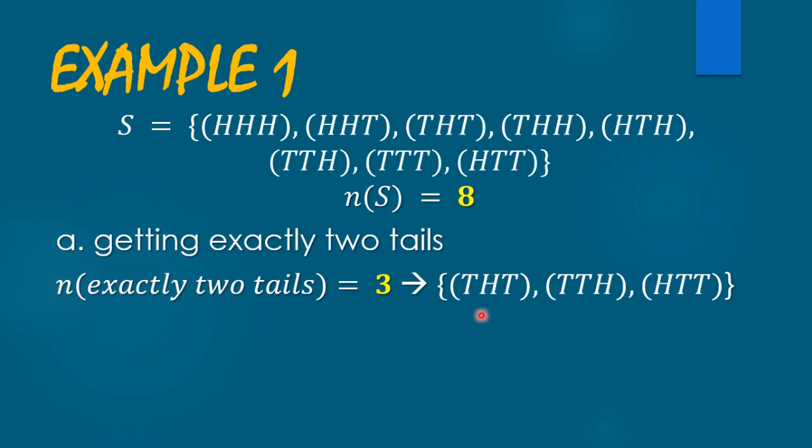So we have here 2 tails in the given elements. And knowing that the number of elements in the sample space is 8, the probability of getting exactly 2 tails is equal to 3 over 8.